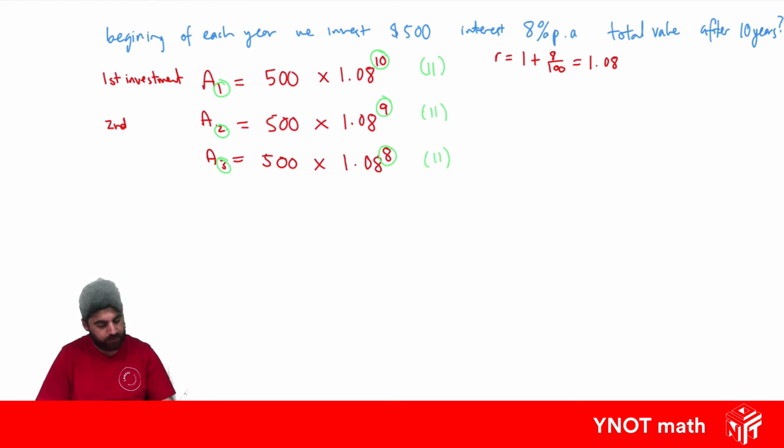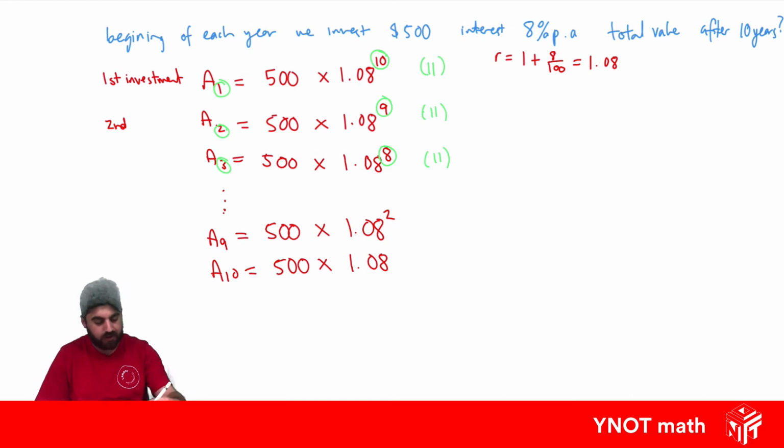And this is helpful because we know we're making 10 investments, so our 9th investment, by using this pattern, we know that this power has to be 2 because it's going to earn interest for 2 years, the 9th and 10th year. And our 10th investment, well, that's just going to earn interest once for that 1 year that it's in the account.